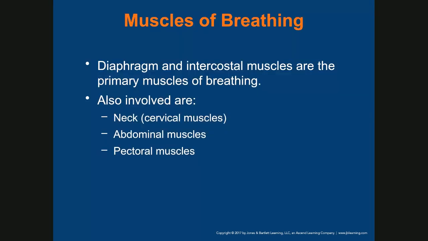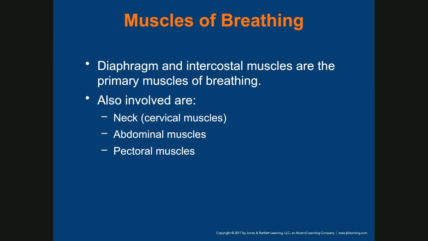All right, now muscles of breathing. Diaphragm and intercostal muscles are the primary muscles of breathing, right? Very important muscles, especially the diaphragm. Also involved are the neck, cervical muscles, abdominal muscles, and pectoral muscles, right?